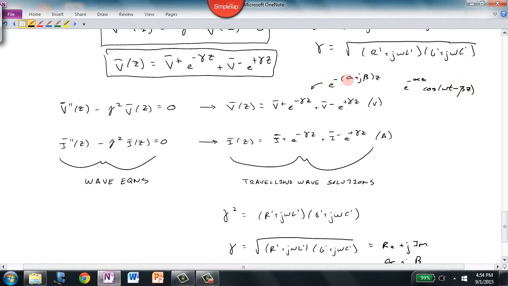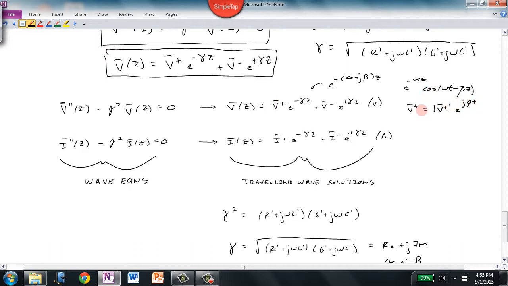So that's this portion. This portion here transfers into a little cosine wave with an attenuation constant in the front of it. V bar plus, it turns out, is equal to some magnitude. That's just the peak amplitude, and it's a phasor number, so it's got a phase shift associated with it.